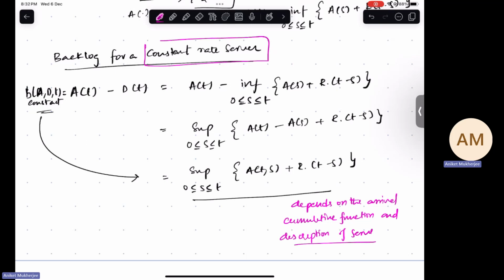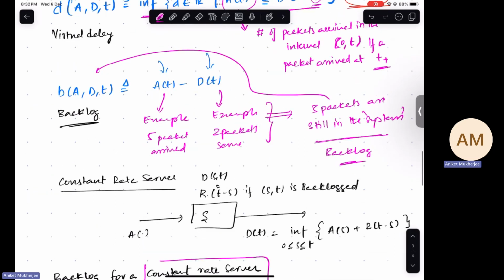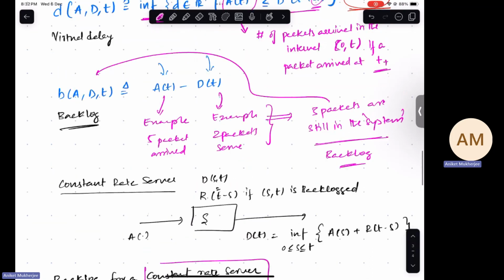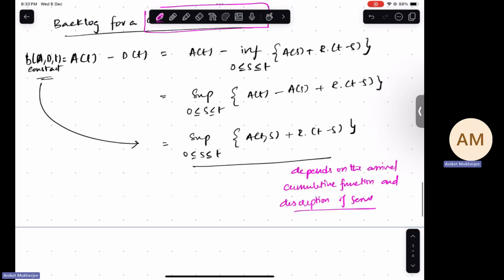That is the question. But for now, we are just going through the basics. So we defined what a constant rate server was. What are the mathematical notions between the arrival and the server characterization so that you get a departure characterization. Then we wanted to find some performance metric from it. The performance metric that we have found is the backlog. So how much backlog at time t does a constant rate server see?